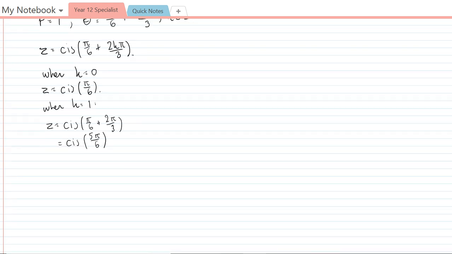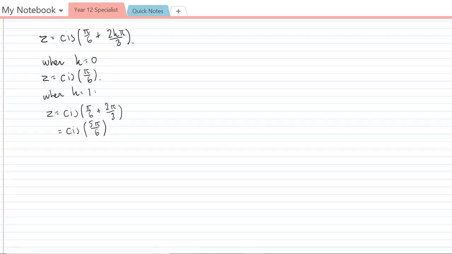And when k equals 2, we're going to get z equals cis of pi on 6 plus 4 pi on 3, which is cis of 9 pi on 6, which is just 3 pi on 2.